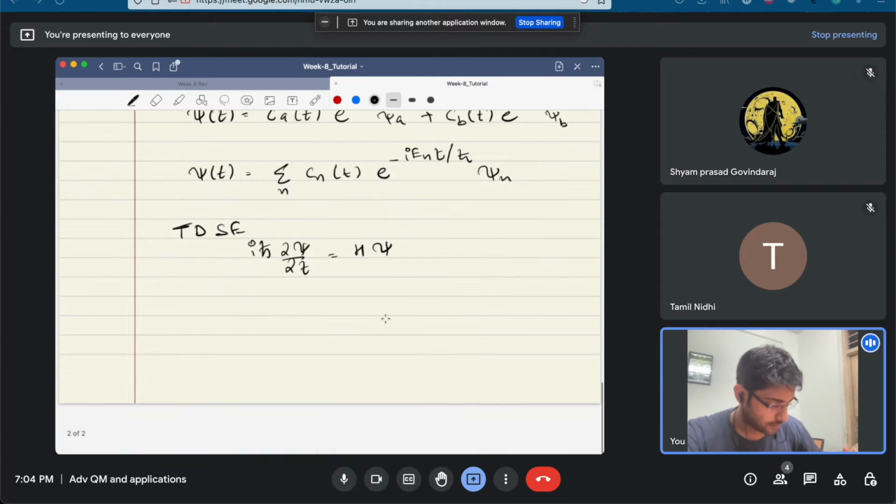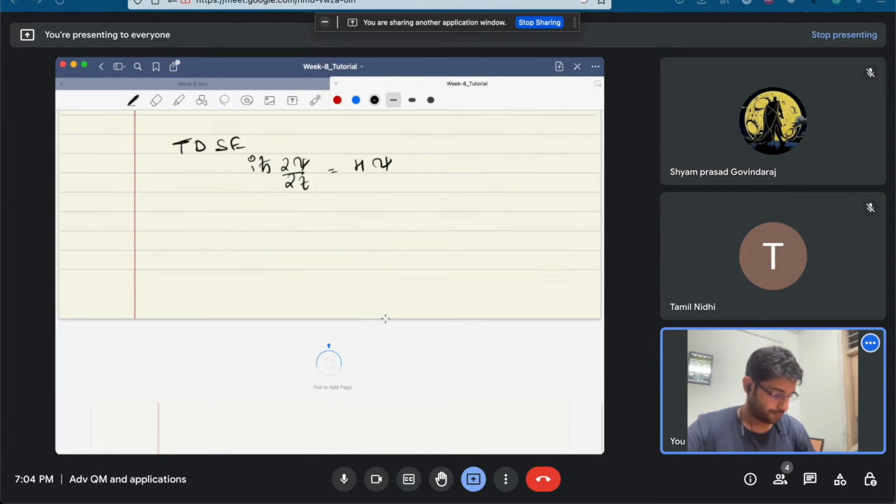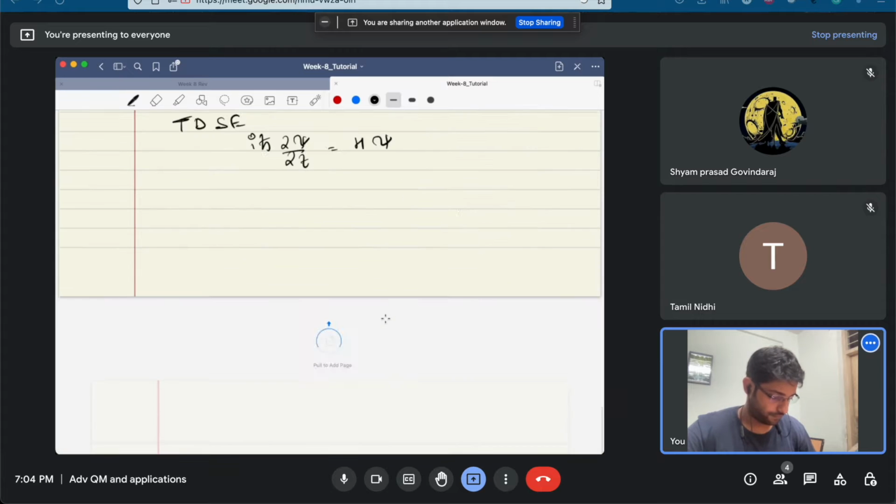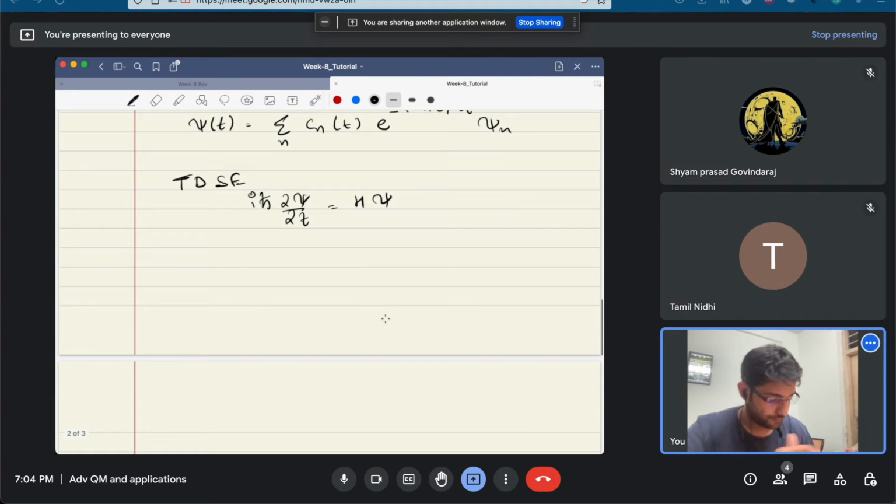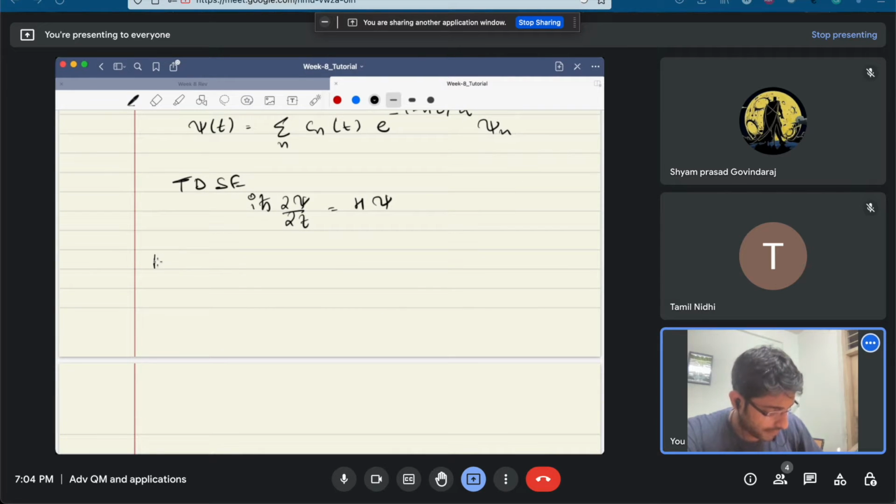Let us first take on the right hand side, that is, H psi. We know H is written as H naught plus H prime, where H prime is a function of t, and let us say that H prime is active after t equal to 0. Before t equal to 0 there was no perturbation.